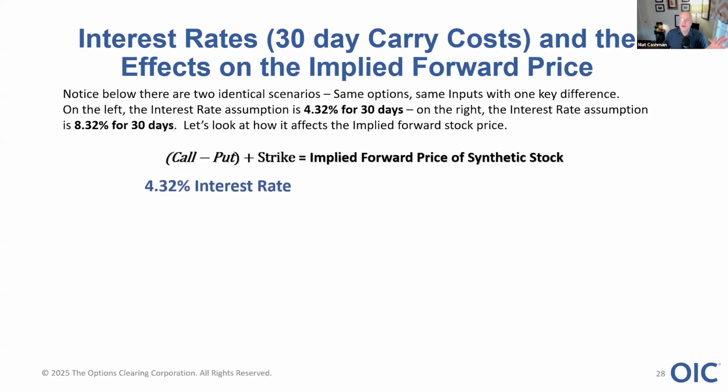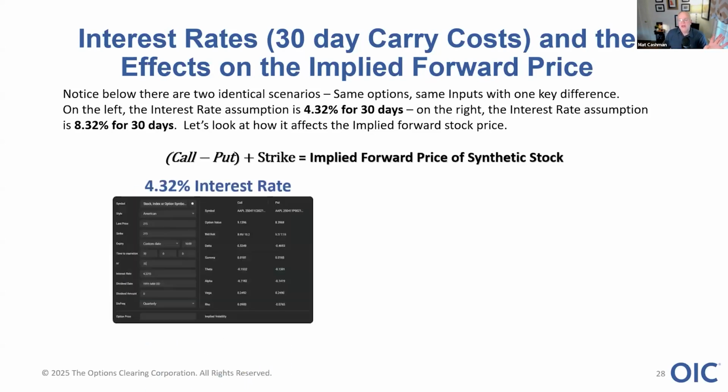So with the 4.32% interest rate, this is a screenshot from the OIC option calculator, which is a very well-used tool on our website. It's probably the most popular page on the entire website. You can go in and create these scenarios where you can pull it down from an actual stock index or an option symbol, but you can also make changes to all of these inputs over here.